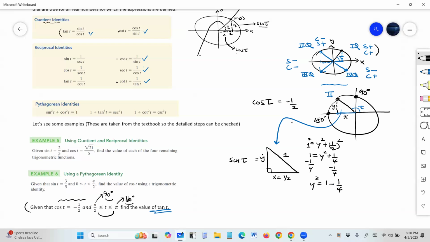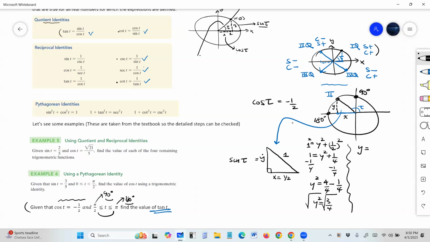I'm going to find a common denominator, which is 4. And I'm going to adjust the numerator, which is 4 over 4. So now I have 4 over 4 minus 1/4 is obviously 3/4. And now I will take the square root of both sides. On the left, I get y.